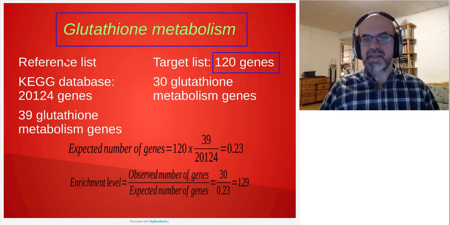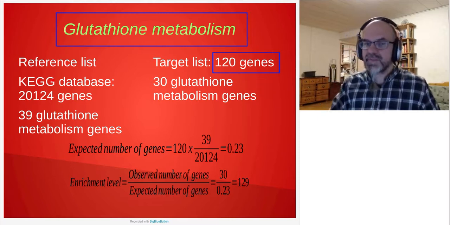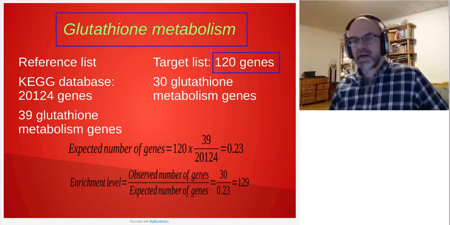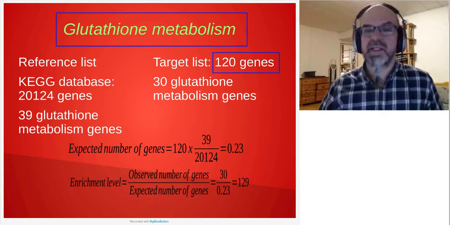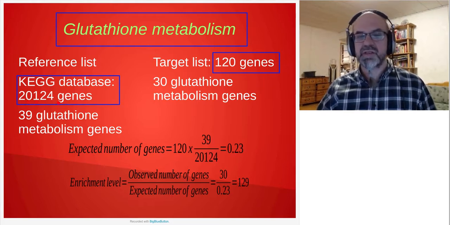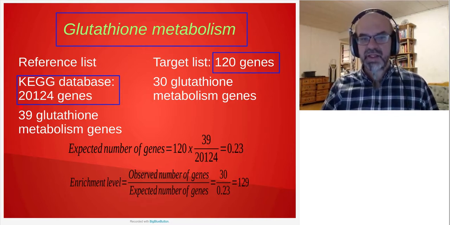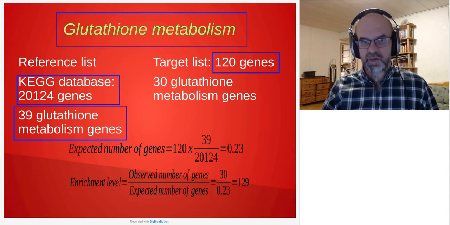And this is actually coming from the KEGG database. These are human genes in this experiment. The KEGG database holds information about 20,124 human genes at the time when I prepared this calculation, and 39 of those are annotated with the term glutathione metabolism.